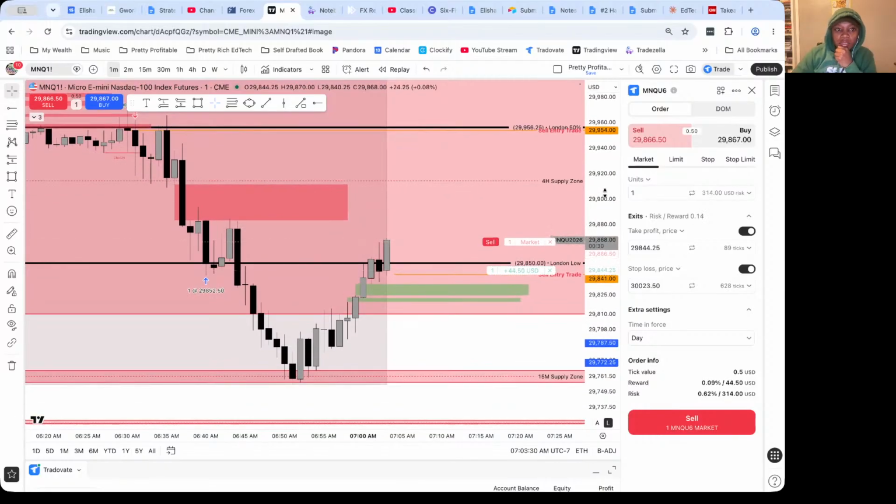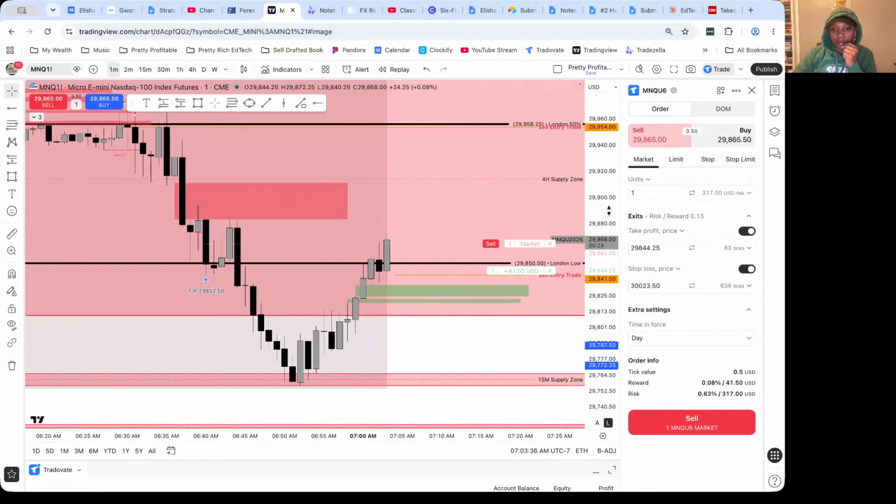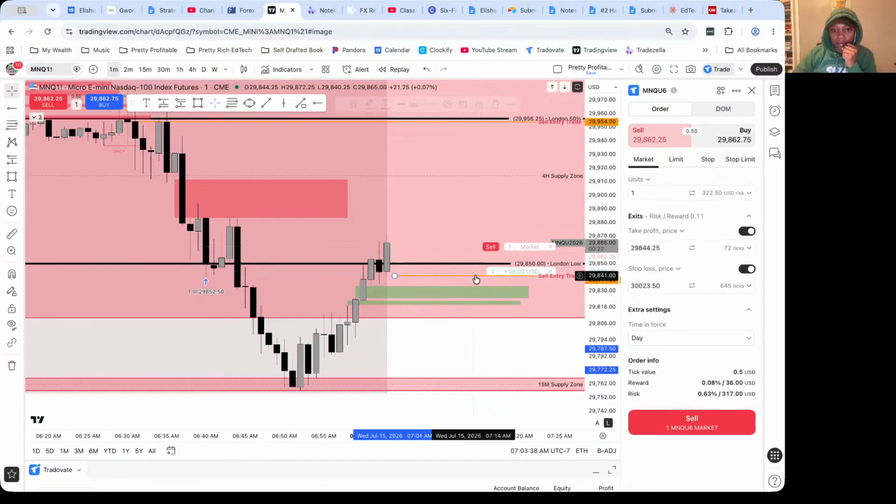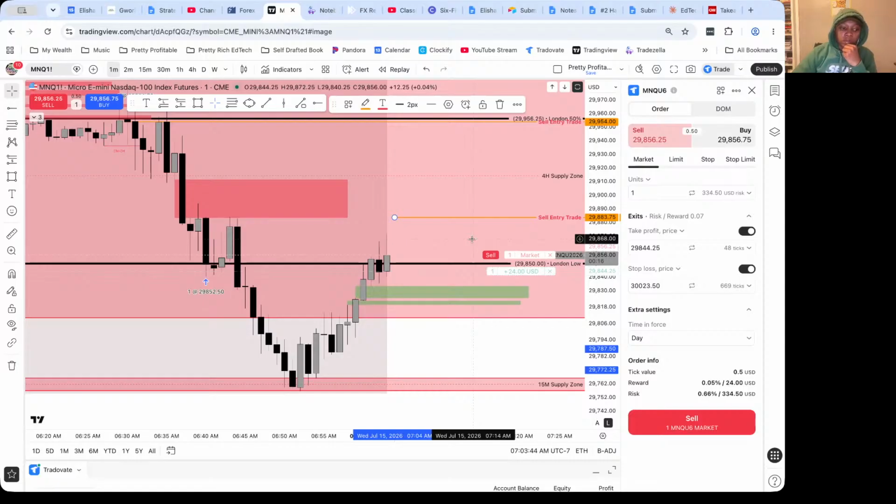But we can see if this fairly new supply zone is respected. That is crazy. What?